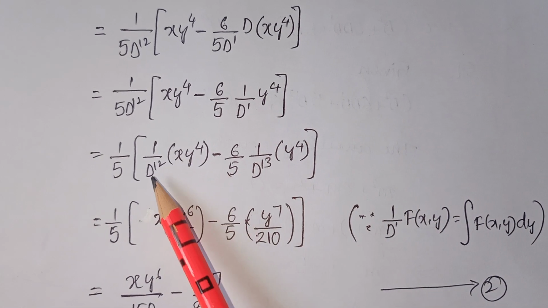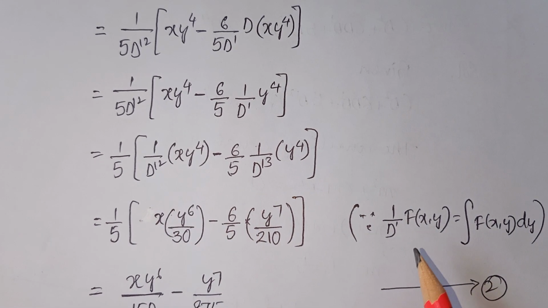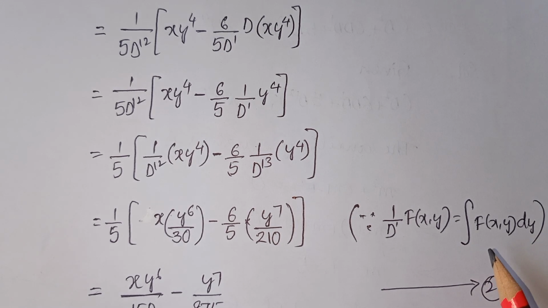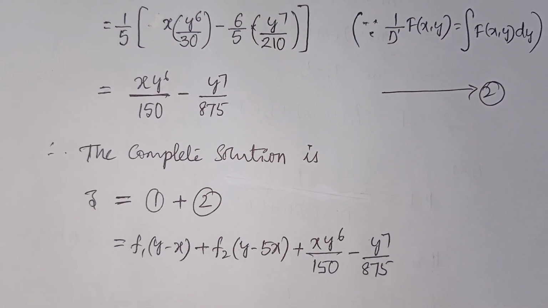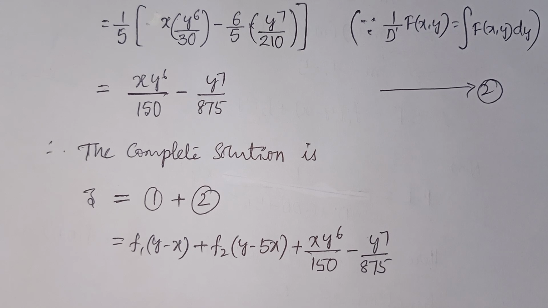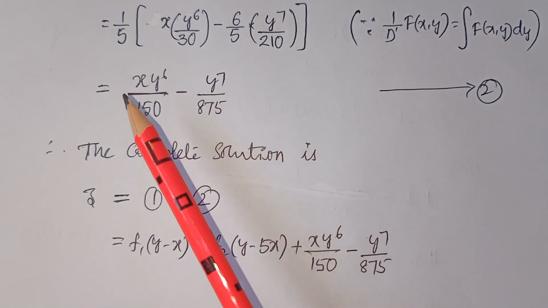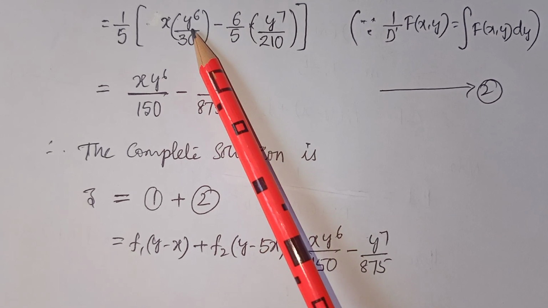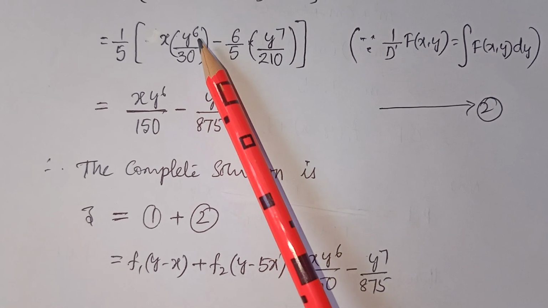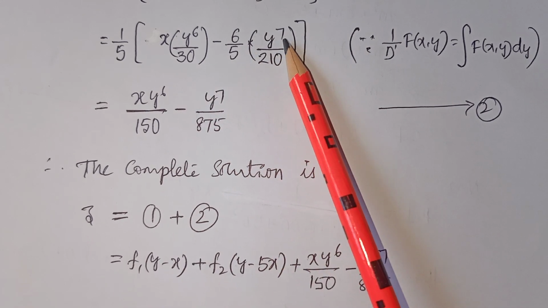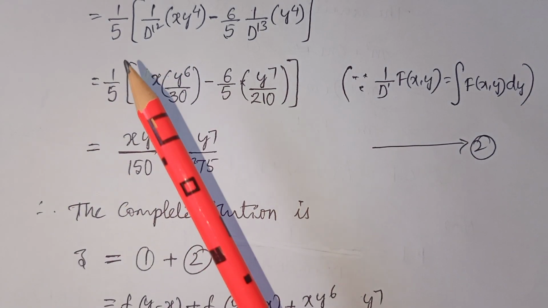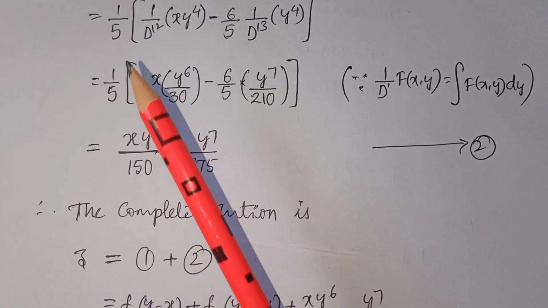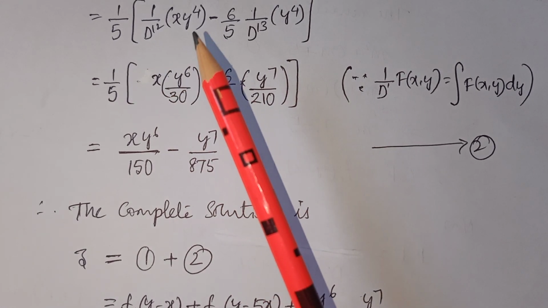Now 1/D' is nothing but integration of the function with respect to y. So we have to integrate with respect to y. By integrating this, you can see y⁶/30, and here we have to integrate thrice since it is 1/D'³, and for 1/D'² integrating twice.